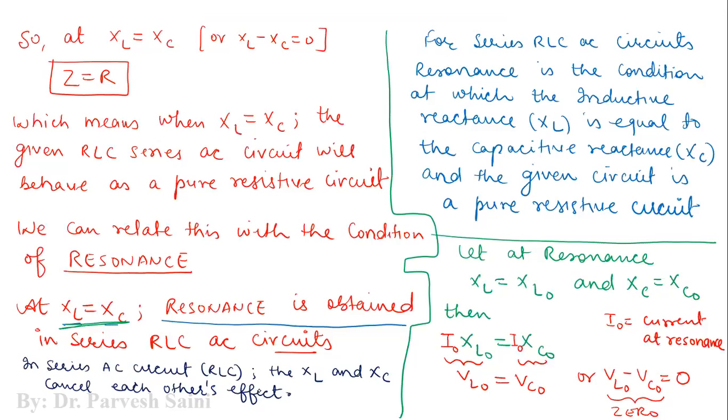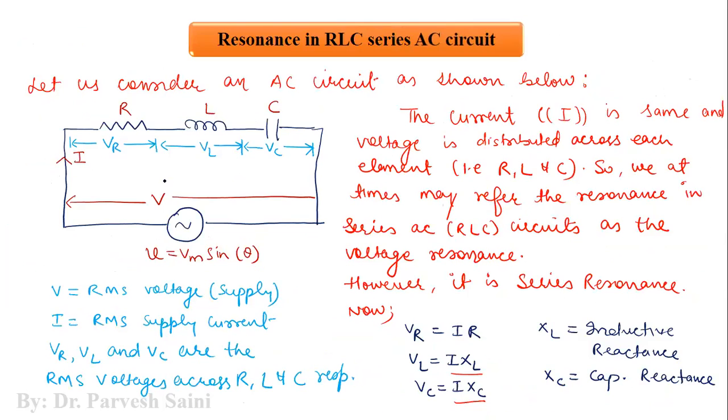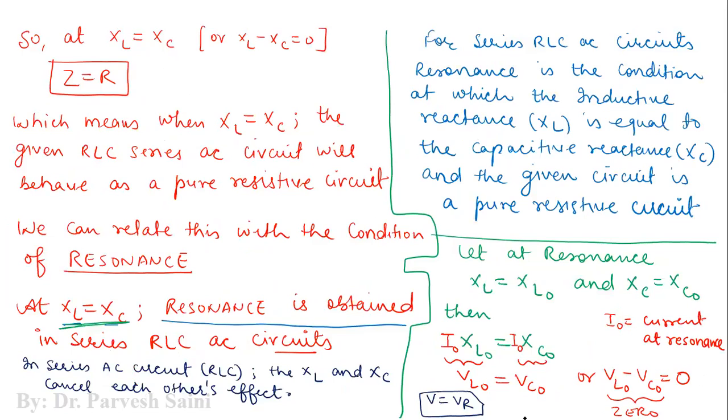Also the total voltage V will be equal to VR. We know that V is equal to VR plus j(VL minus VC). If we put VL minus VC equal to 0, we will get V is equal to VR.